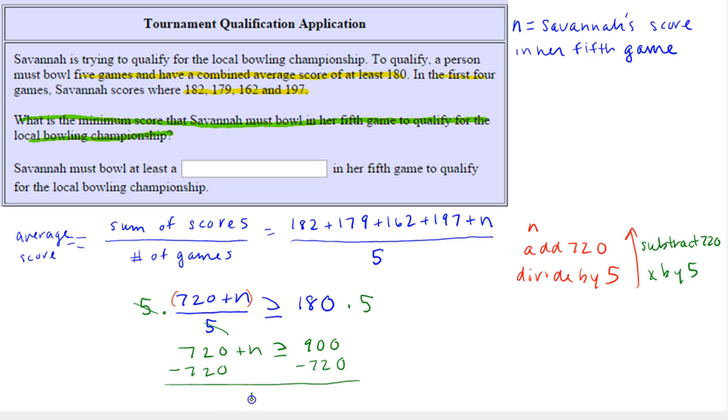On this side, the 720 cancels, and here we have N is greater than or equal to 180. So that means, since we didn't get a decimal, if she scores 180 or greater in her 5th game, she'll qualify. So at least 180.